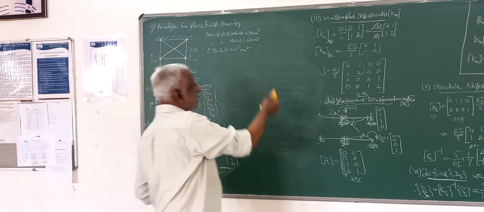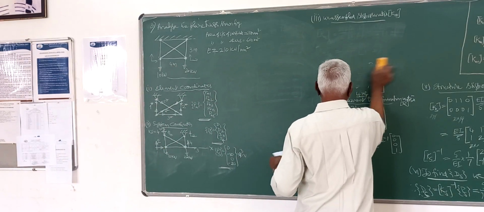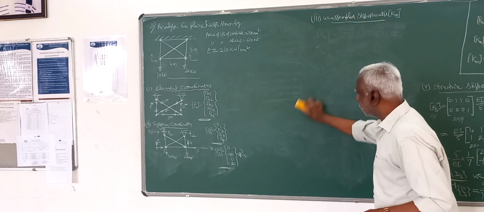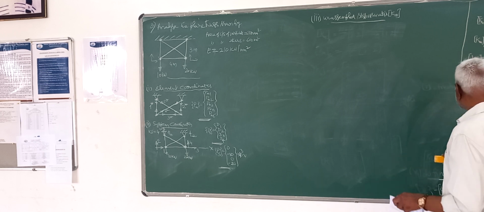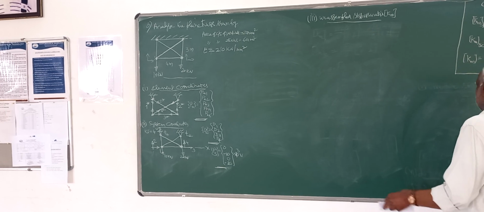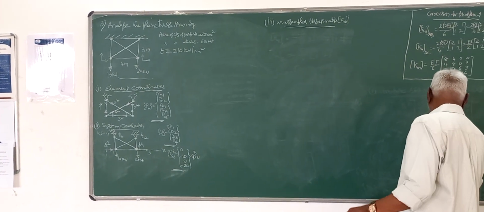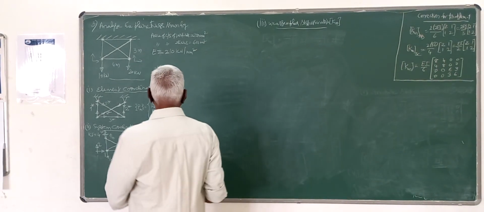Then third step, unassembled stiffness matrix. It is similar to the member stiffness matrix, only the equation is changed. Whereas for beam and frame problems, it is 2EI by L, 2, 1, 1, 2. That was the member stiffness matrix which I generated in my very first class.